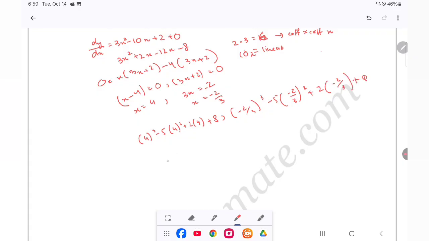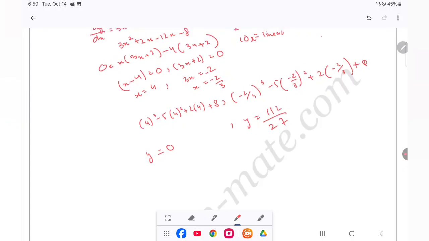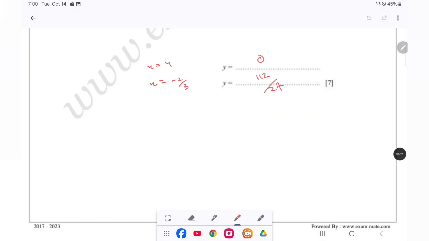Solve it further. y will give you 0, and here y will give you 112 over 27. So the first y value is 0 on x equal to 4, and on x equal to negative of 2 over 3, y gives the value of 112 over 27.